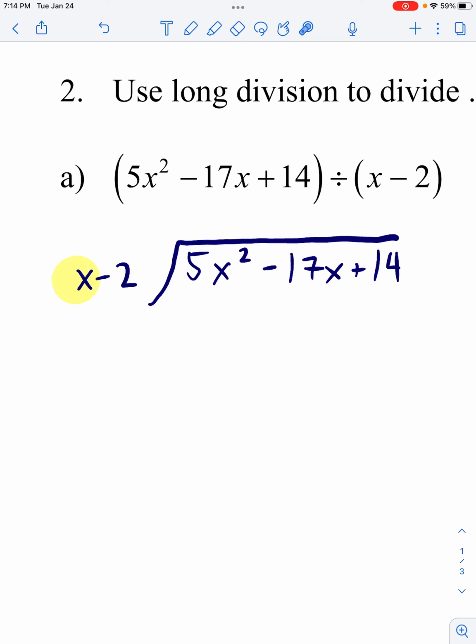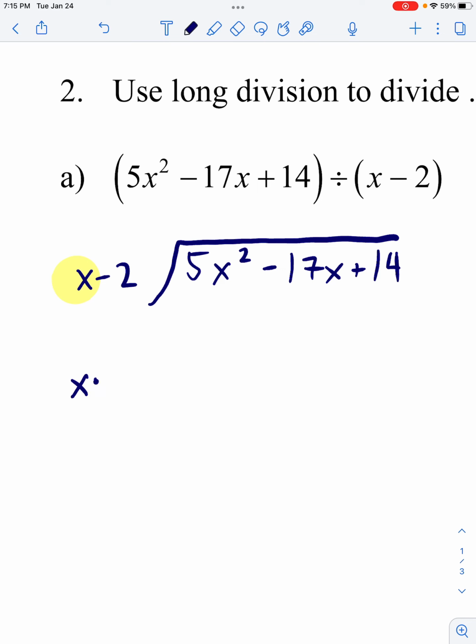How many times does x go into that first term here in our dividend? It's a little different with polynomials. What I ask myself is, what do I have to multiply x by to come up with 5x squared?